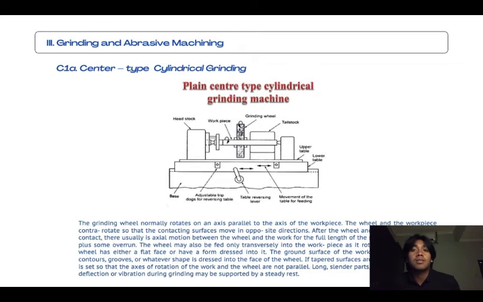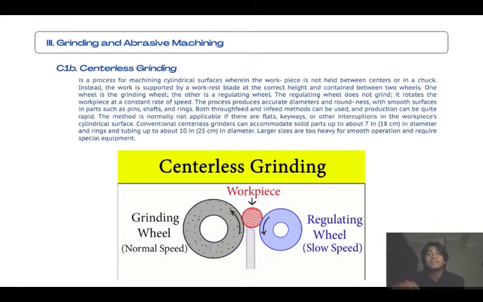In this case, the wheel has either a flat face or has a form thrust into it. The ground surface of the workpiece then can have contours, grooves, or whatever shape is thrust into the face of the wheel, if tapered surfaces are desired.